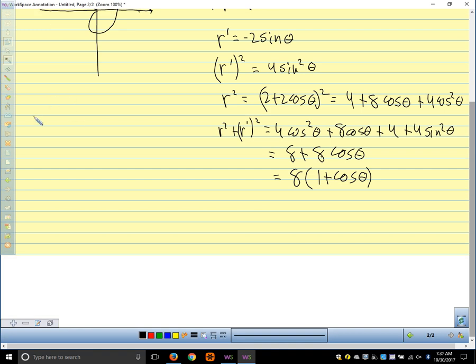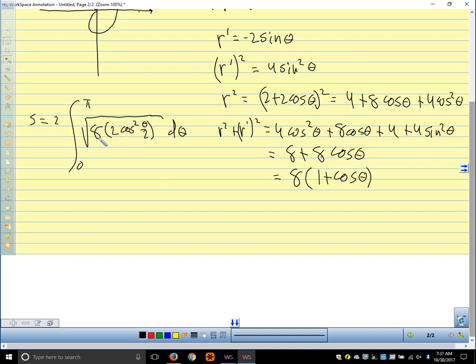So our arc length is 2 times the integral from 0 to pi. What a coincidence, right? The square root of 8 times 2 cosine squared of theta over 2. We just saw that on our opener. Sorry, integral of the day.